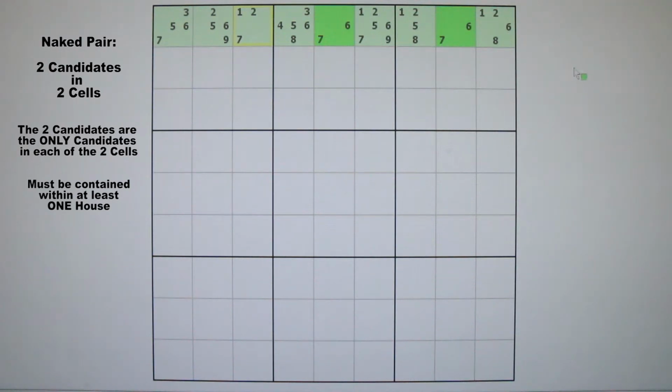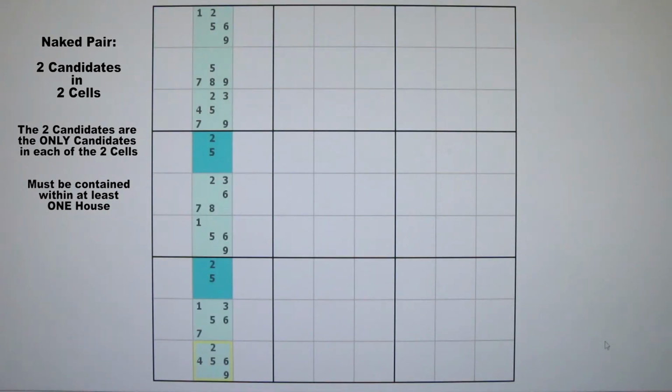Therefore, there cannot be a 7 or a 6 in any other cell in row 1. So you can eliminate this 7 and this 6, and you can eliminate this 6 and this 7, and you can eliminate that 6, and you can eliminate that 7 and that 6, and you can eliminate that 6. Now, I didn't count them, but that's a lot of eliminations based on the presence of that naked pair.